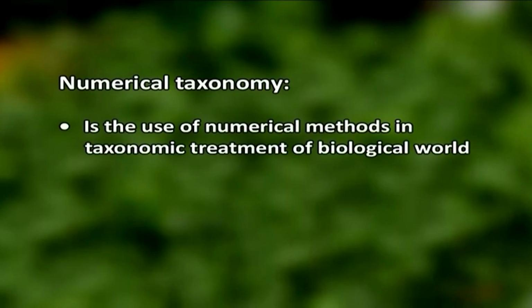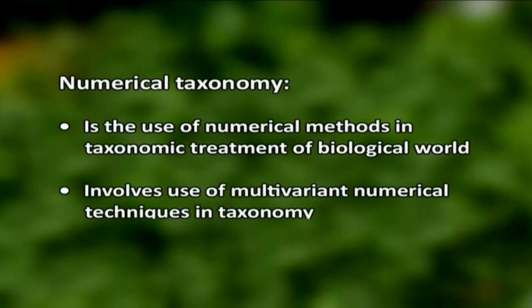Numerical taxonomy is the use of numerical methods in taxonomic treatment of the biological world. It involves use of multivariate numerical techniques in taxonomy. Morphology or other observable traits form the basic criteria for this classification, and evolutionary relationship is not taken into account.